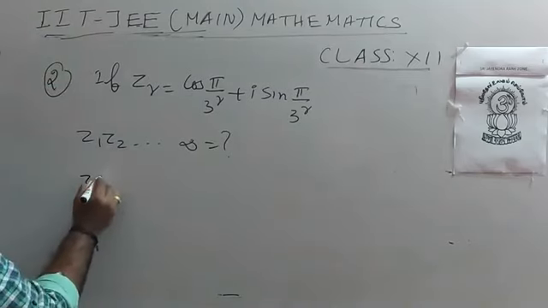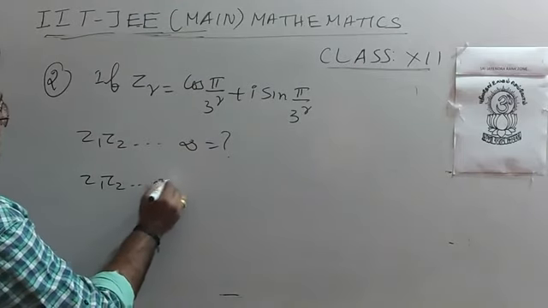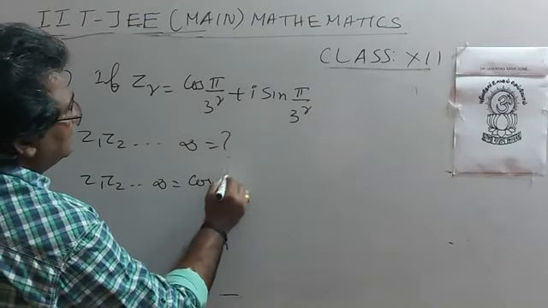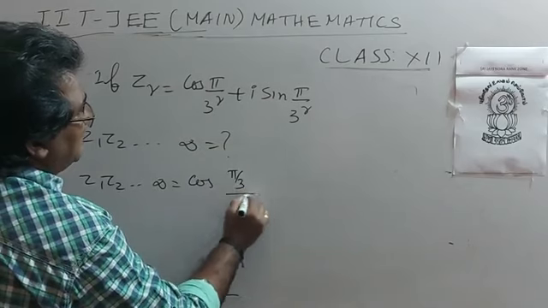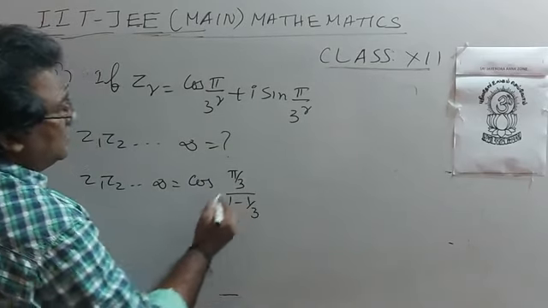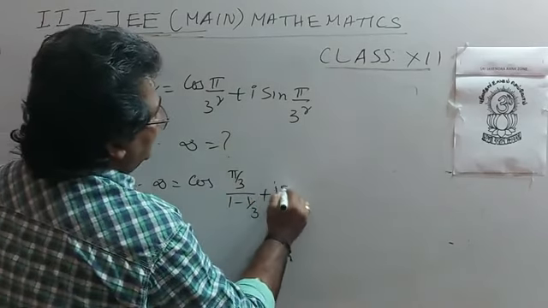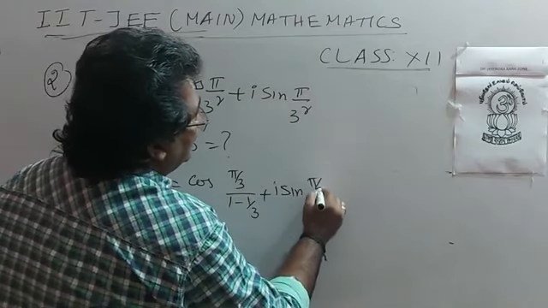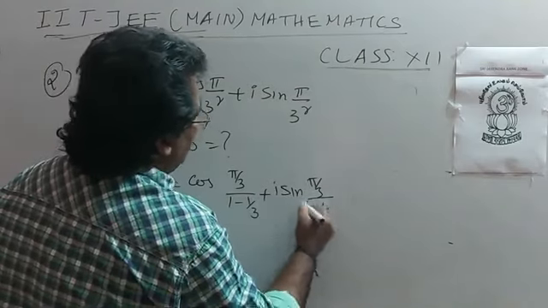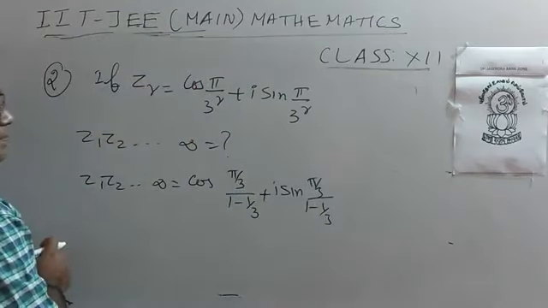So z1 z2 up to infinity equals cos pi by 3 into 1 by (1 minus 1 by 3) plus i sin pi by 3 into 1 by (1 minus 1 by 3). The series will be in GP.